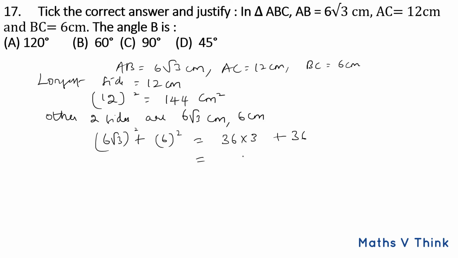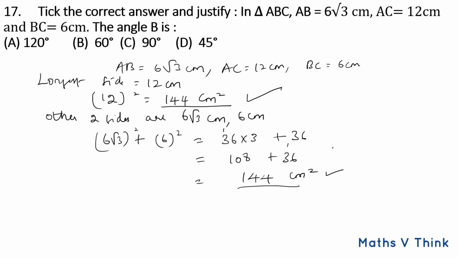So 36 into 3 is 108, plus 36, which is 144. So 144 centimeter square. Here you can see we got 144 centimeter square is equal to 144 centimeter square.